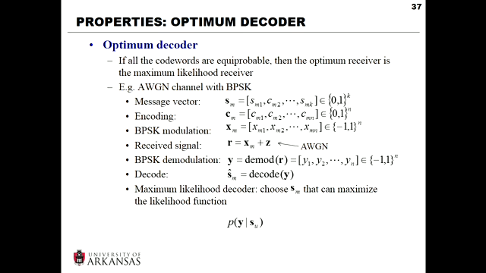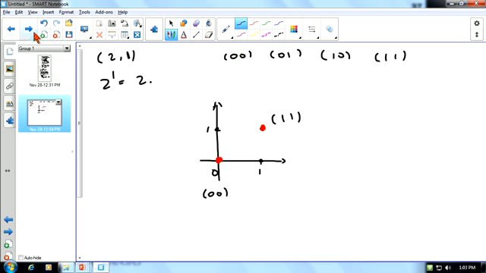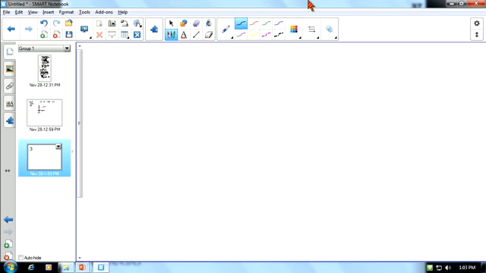So let's develop the maximum likelihood receiver. In chapter 3, if you recall, what we talked about was y equals x plus n. We were just talking about the transmission of one symbol. Our likelihood function is y given x, and our maximum likelihood receiver picks the x in S, where S is the set of all the possible transmitted information.